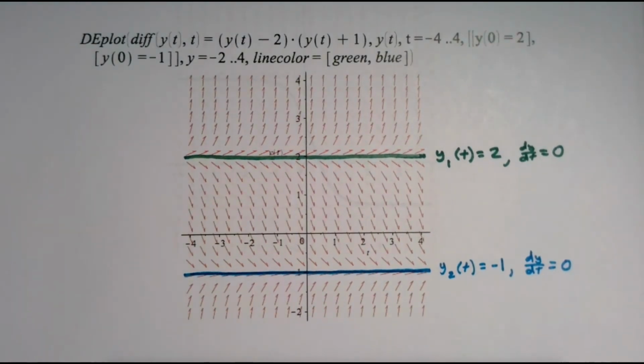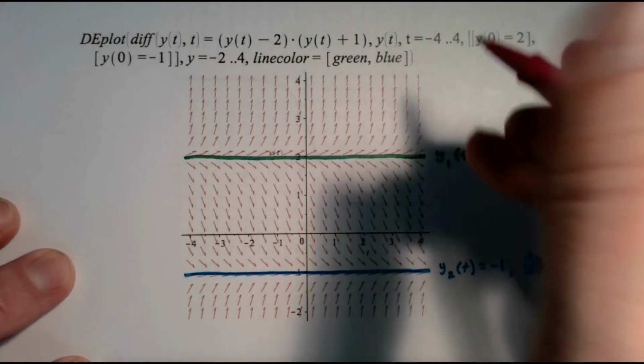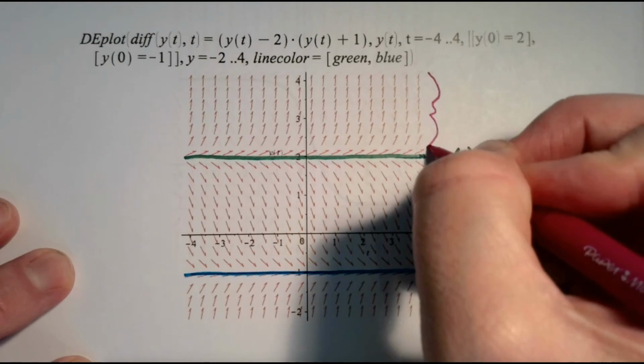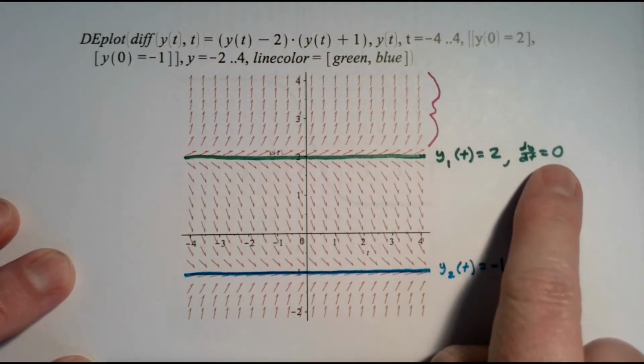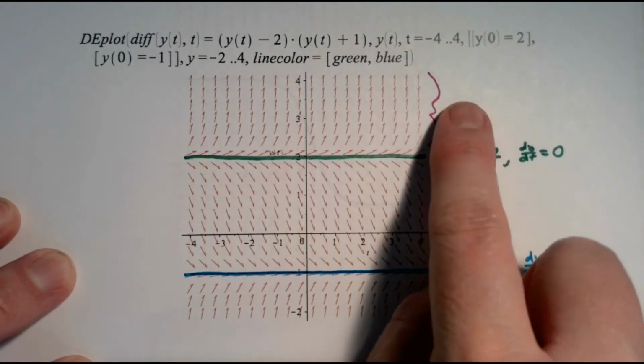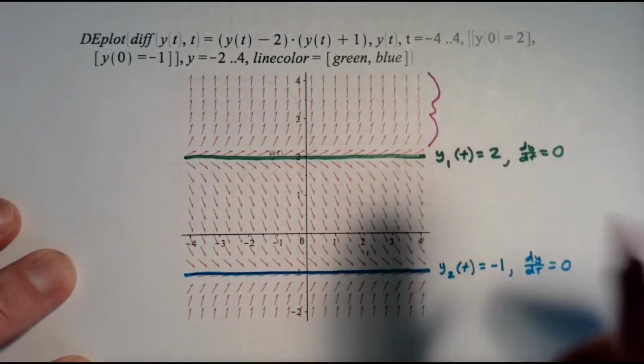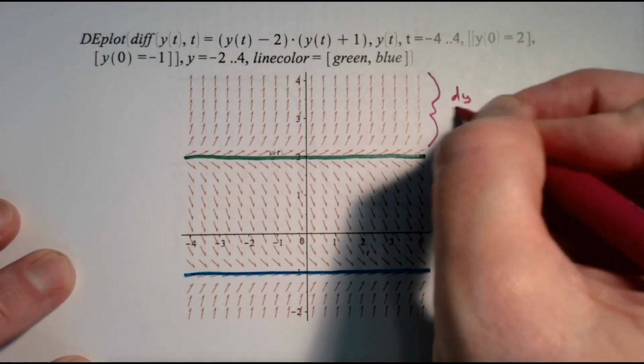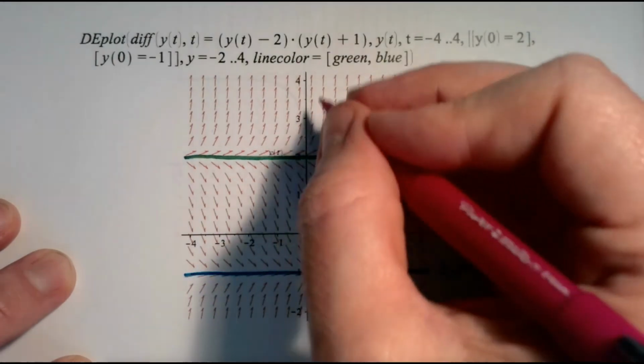What's nice about an autonomous differential equation is I get to ask, what's happening everywhere else? What's happening above y1, up here in this region? Well, it can't have a derivative equal to 0 anywhere but here and here. So what are the derivatives up here like? Well, up here all the slope field lines are pointing in the up direction, right?